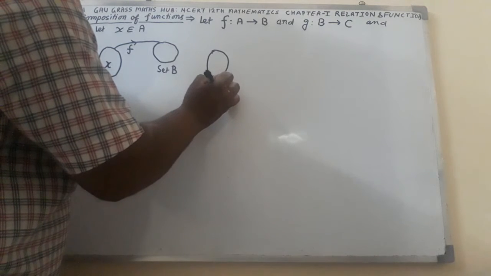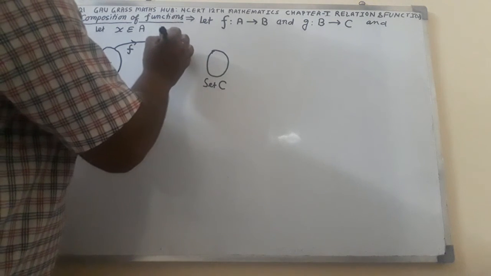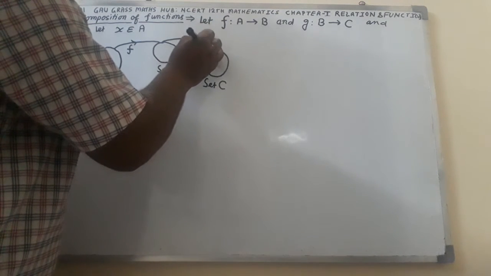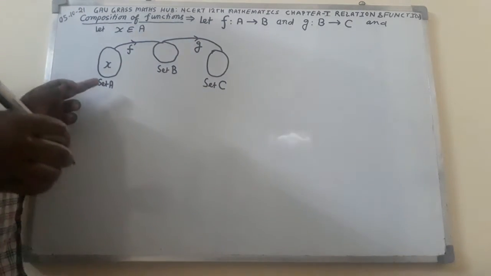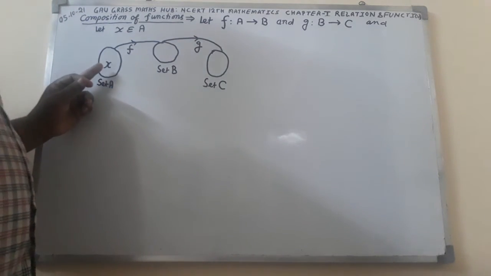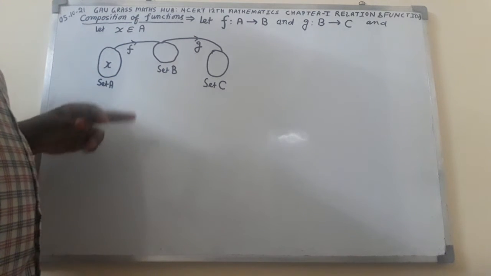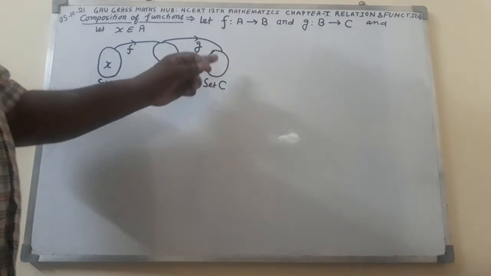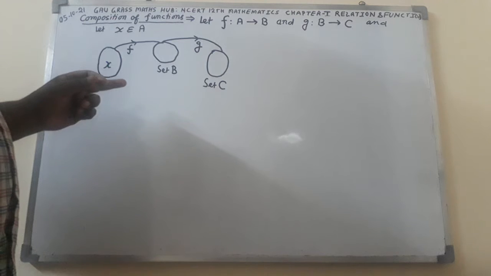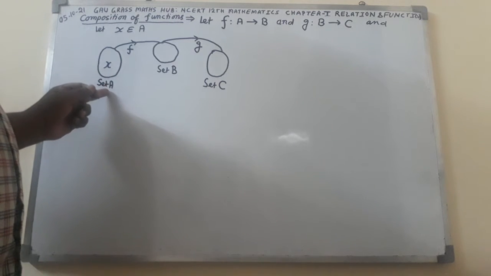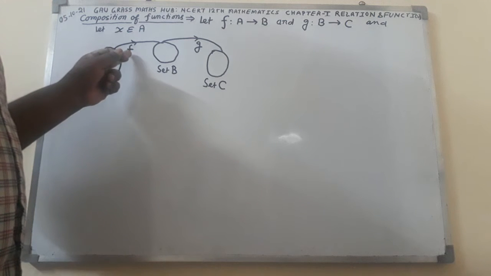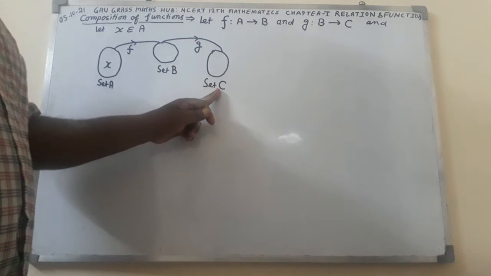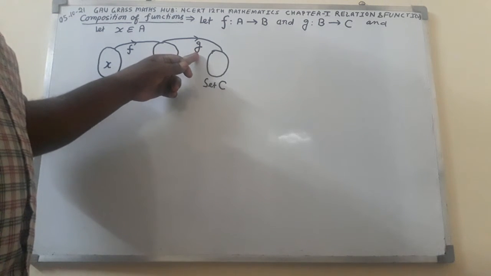Then set C. Set A consists of element x, and in set B and set C there is no element yet. Set A is related to set B by means of function f. Set B is related to set C by means of function g.